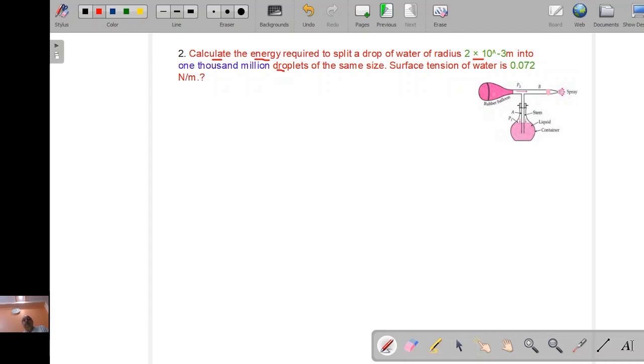What is going on here? Here is an atomizer in this figure. An atomizer, by the pressure difference, takes a drop on the nozzle, and this drop is sprayed into very small droplets by this atomizer. So here is the drop, and here are the droplets.